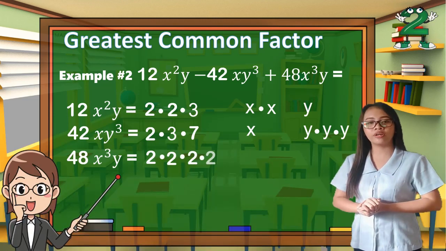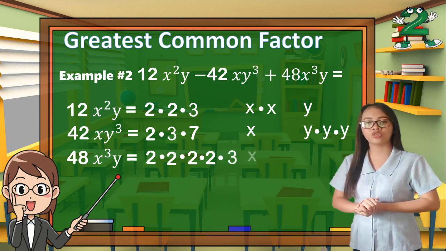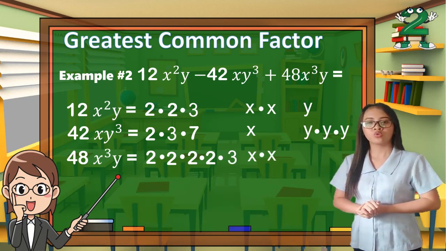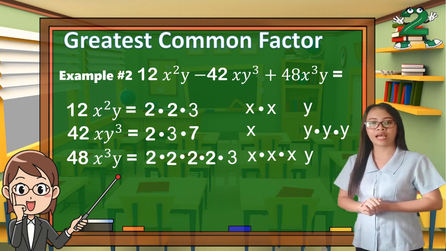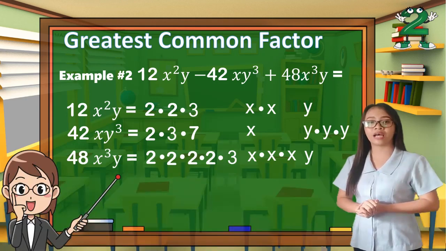And for our third term, 48x cubed y is 2 times 2 times 2 times 2 times 3 times x times x times x times y.